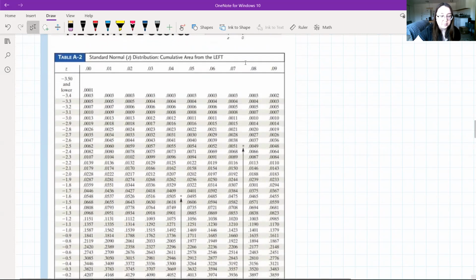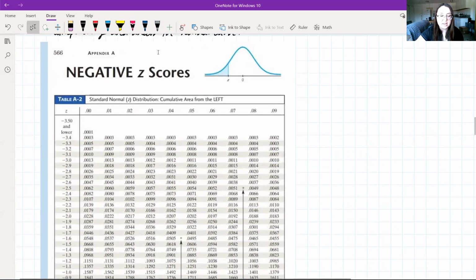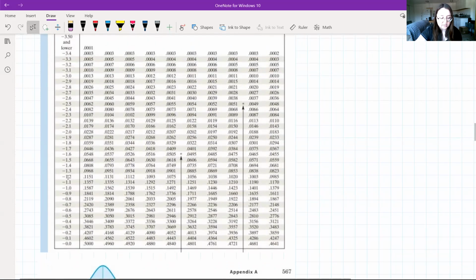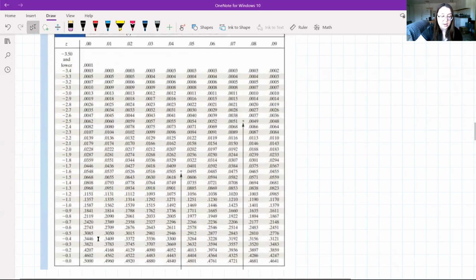So we see here that we're looking at negative z-scores. This first page is all just our negative z-scores. The lowest we can really go is negative 3.5. Really, anything lower than negative 3.5, you're always going to end up with this 0.0001 value. And then we see that we increase until we get to our negative 0 point somethings.